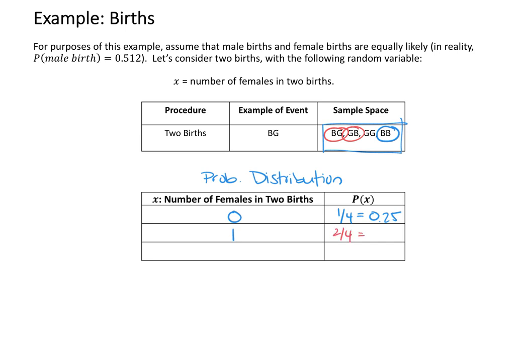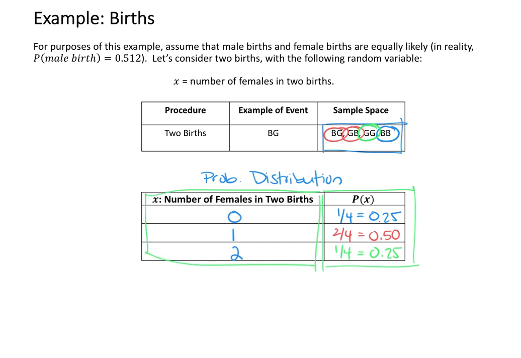So that gives us a probability of 0.50. And then if we take a look at getting two females in two births, well, that happens only if we have girl girl. And the chances of getting girl girl, well, that's a 1 out of 4 chance, or a probability of 0.25. So now what we have here is our probability distribution for our random variable x.